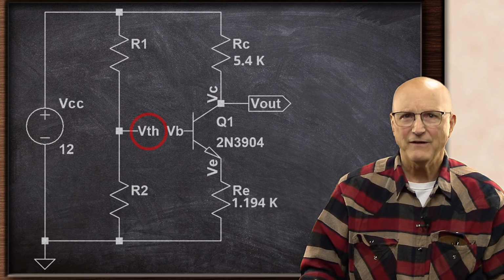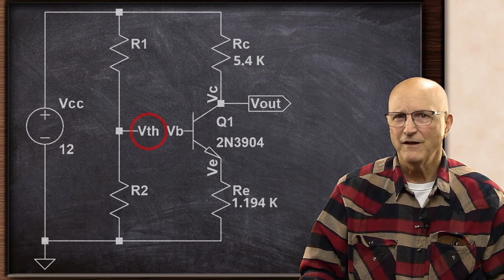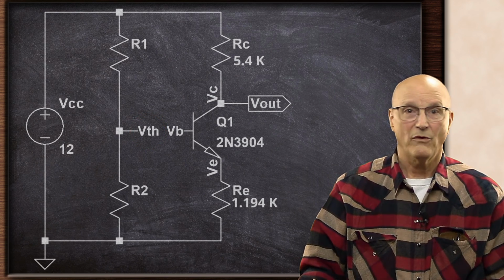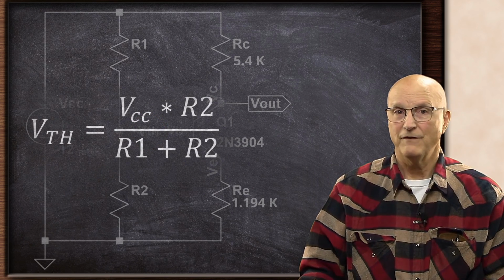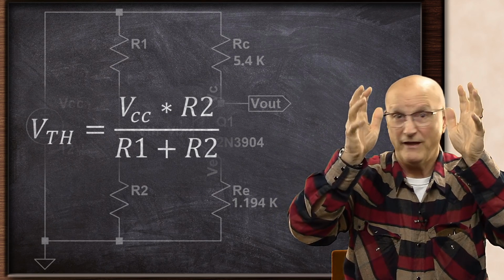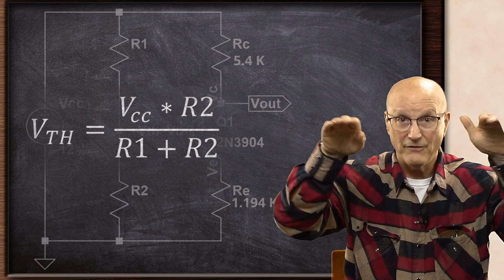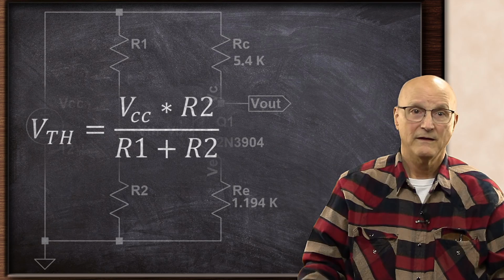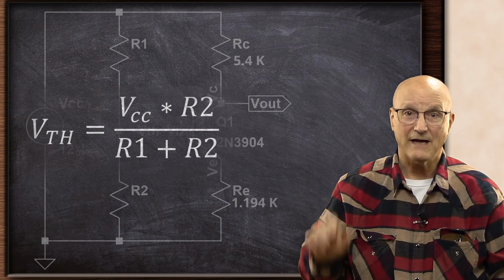This is the Thevenin equivalent voltage, V Thevenin. We have a simple voltage divider with a well-known equation of V Thevenin is equal to VCC times R2, the output resistor, all divided by R1 plus R2. Now, we're going to set this aside for the moment.